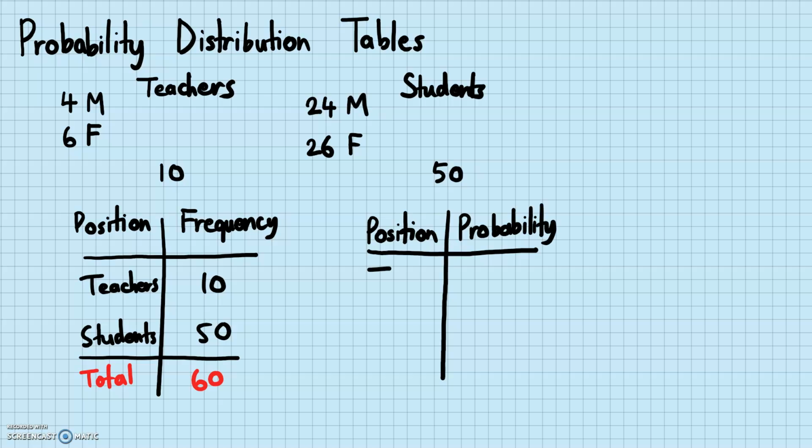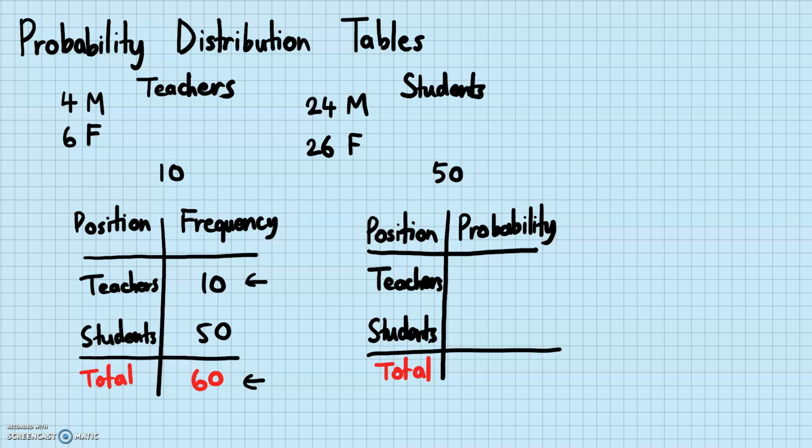So the position is teachers and students. And we can also put the total down here. To get the probability, what you need to do is divide the frequency by the total.